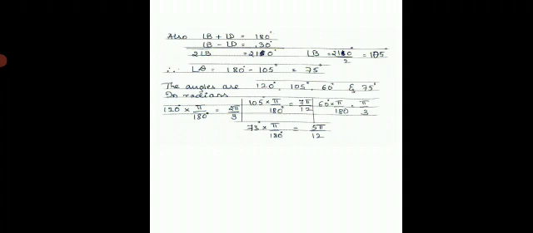Simply add these two equations so that angle D will get cancelled. Opposite signs will get cancelled. Angle B plus angle B is equal to 2 times angle B, which is equal to 180 degree plus 30 degree, that is 210 degree. Now angle B will be equal to 210 degree divided by 2, which is equal to 105 degree. Fine.